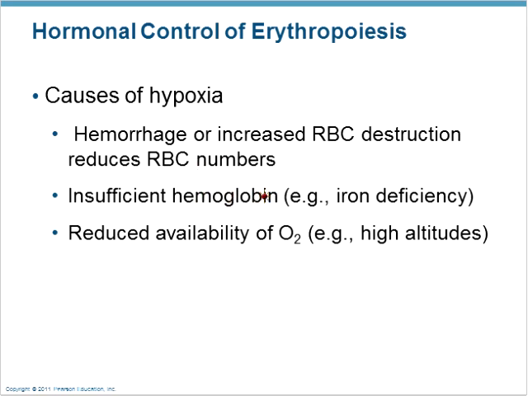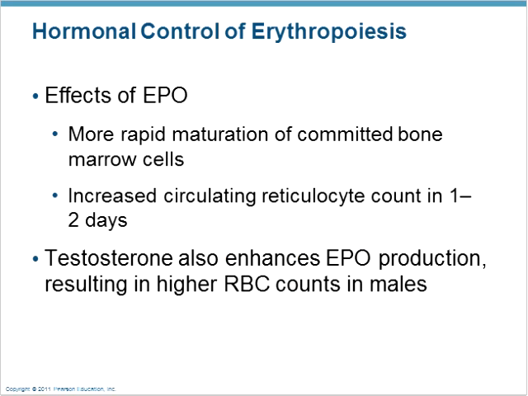Sometimes we have enough hemoglobin, but it's not the right kind. And then it could be because we don't have enough oxygen coming into our system. At higher altitudes, there's less oxygen available, so we take in less oxygen and can become hypoxic. Hypoxic means not enough oxygen, even though everything else is working, because there is not enough oxygen available or ability to take it in.